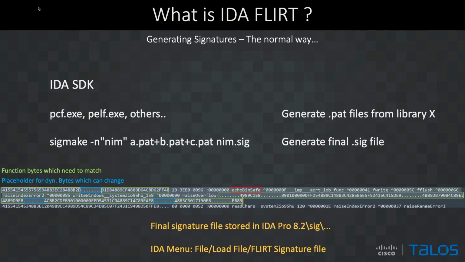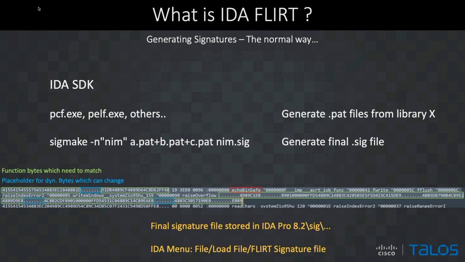And the signature, finally, you are copying to your IDA Pro directory into the sig folder, and then you can use them by File, Load File, FLIRT signature inside of IDA. And then IDA is doing the magic analysis and tells you, okay, this call to XYZ is actually a call to some certain library function. This is how it works.